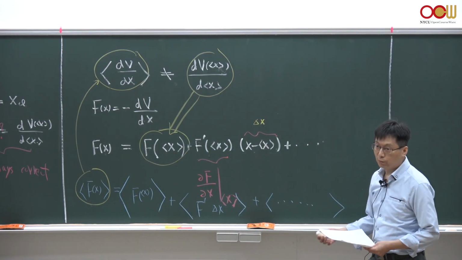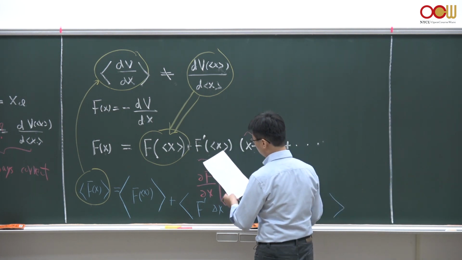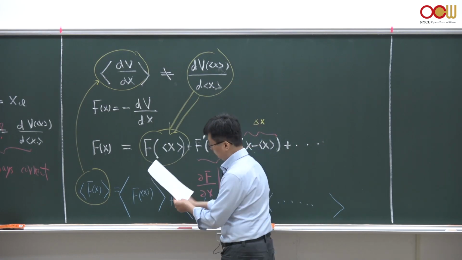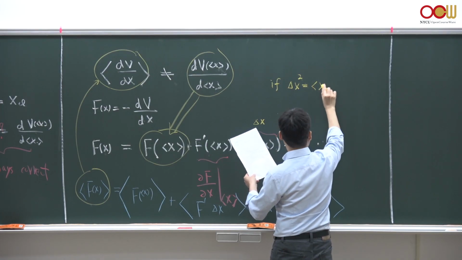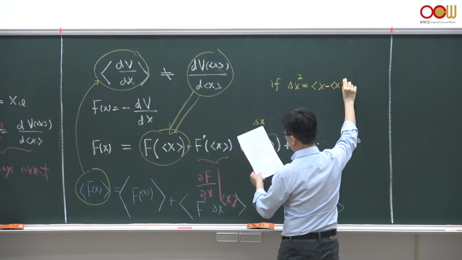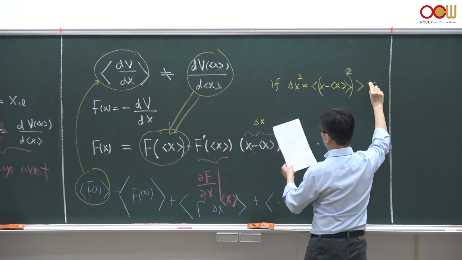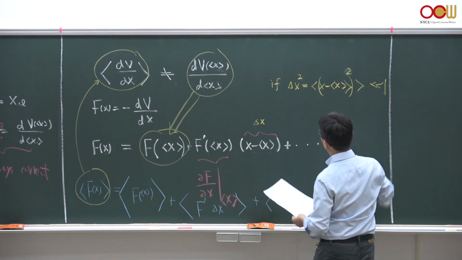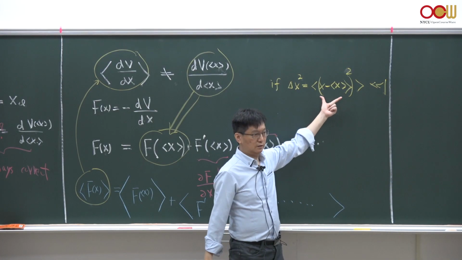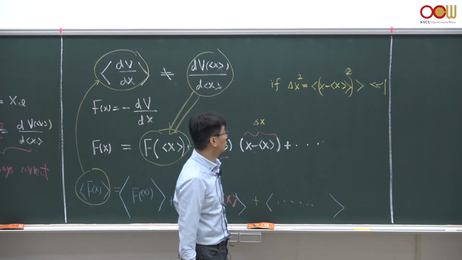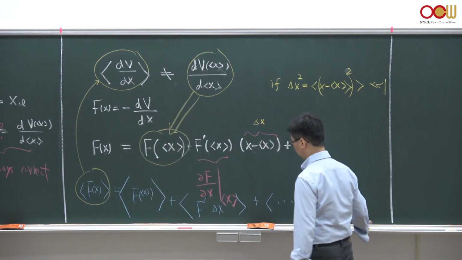However, under one condition can we ignore such higher order terms, and this condition is that delta x squared, which is actually the standard deviation squared, is really, really small. So if the standard deviation of this position vector about the average of this position vector is really small, I can neglect this term.